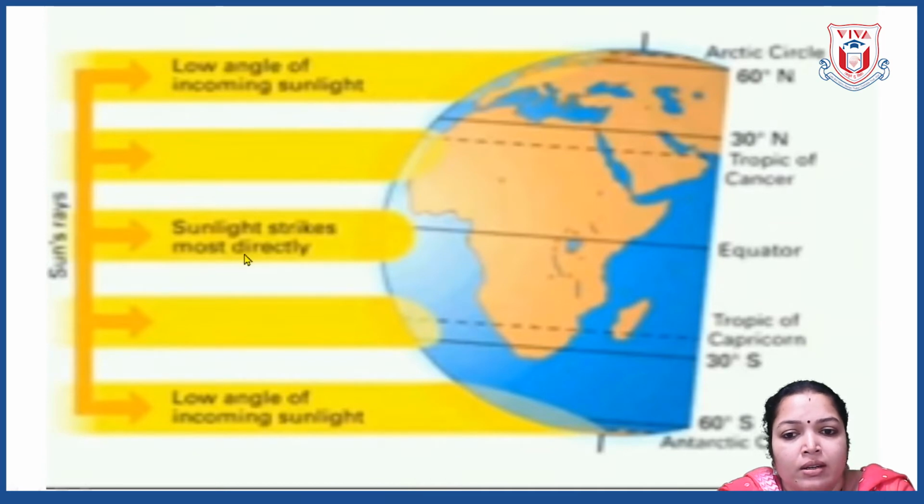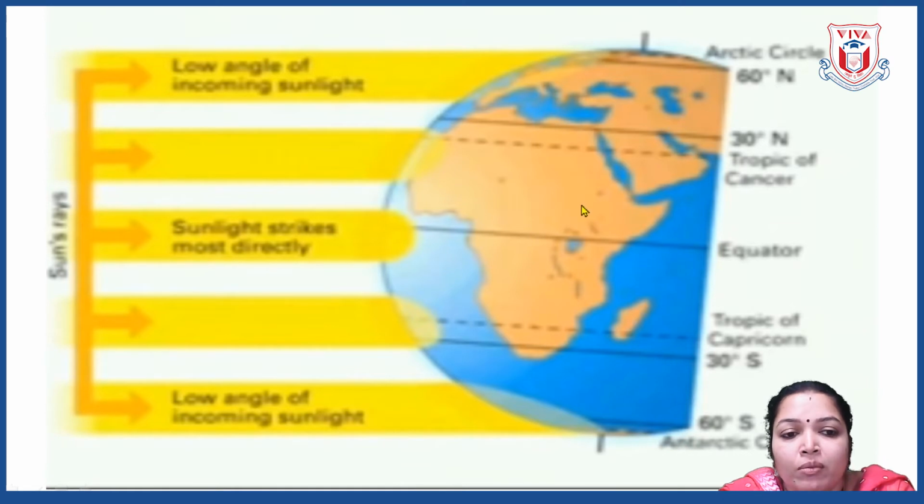The equator receives perpendicular sunlight from the sun, but as we move away from the equator, the sun rays become slant, so the intensity of the light is less and naturally the temperature is less compared to the regions near the equator. So as we move away from the equator, the temperature goes on decreasing.